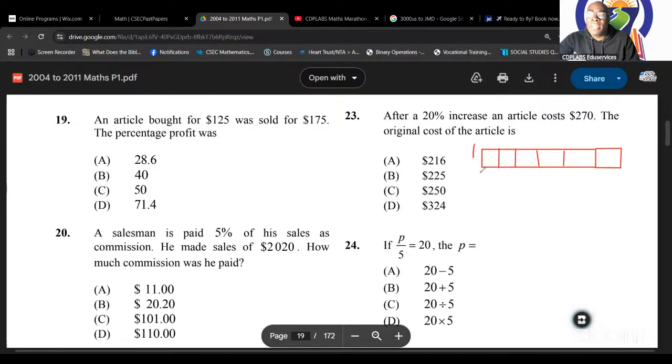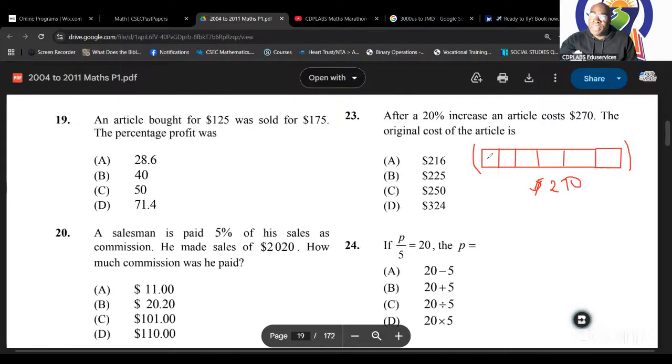All of this represents the $270. Are you following me, Elaine? That's what that represents. But remember, you want to find out the value of something.